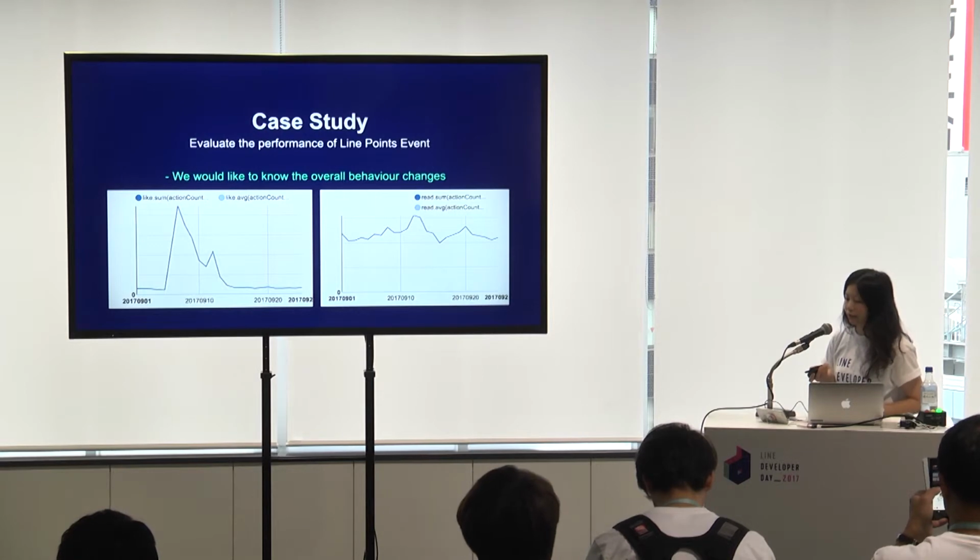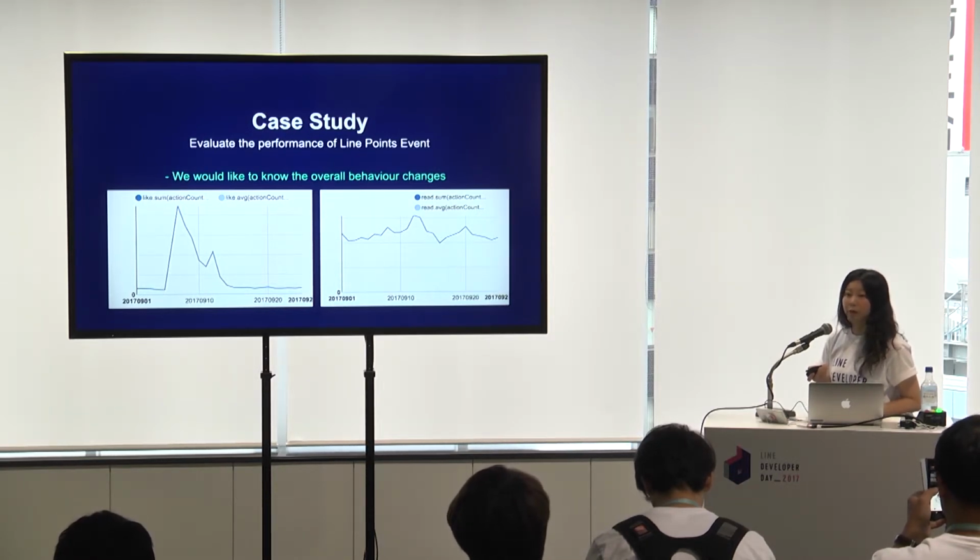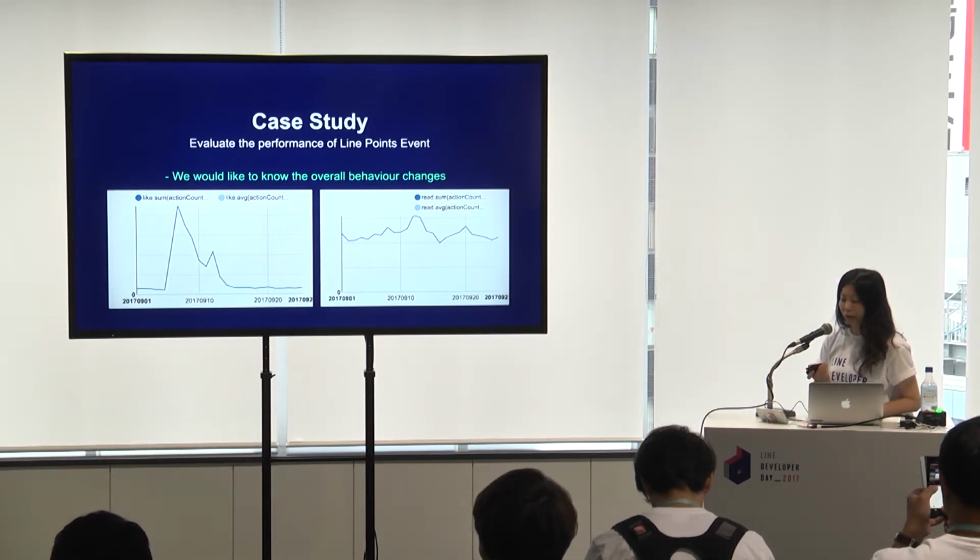The following is an example of what we did for a Line Points event. We hosted a Line Points event from September 6th to September 13th. And we sent Line Points to users who pressed like on articles on any 3 days in that period.